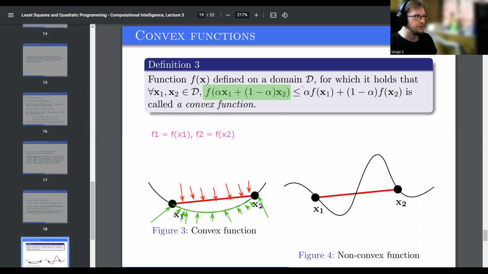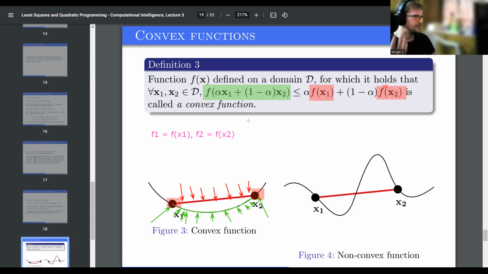So this is f1, this is f2, and the red is the convex combination of those two. So what we want is for the function to lie under this line.